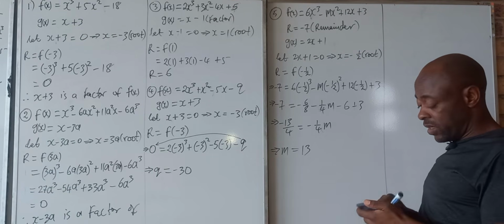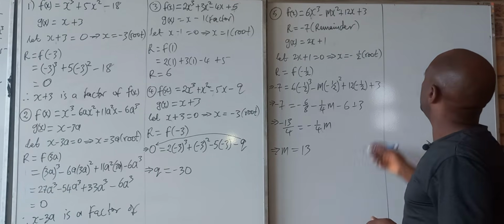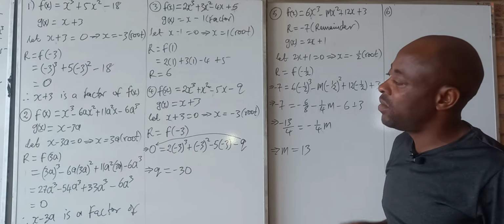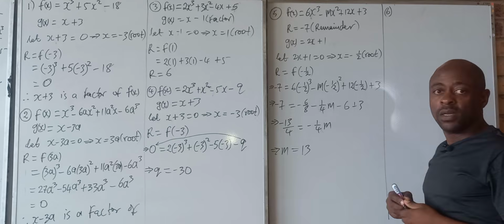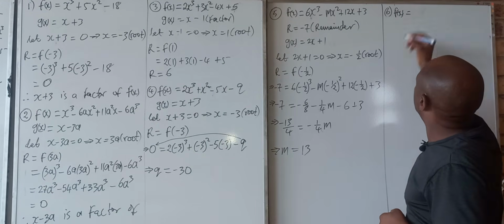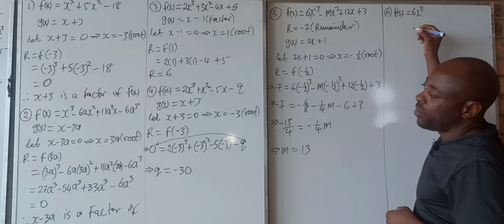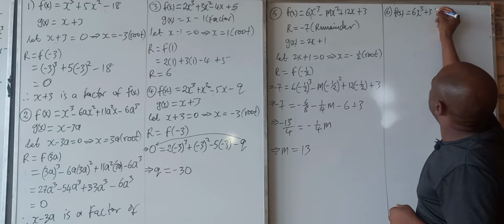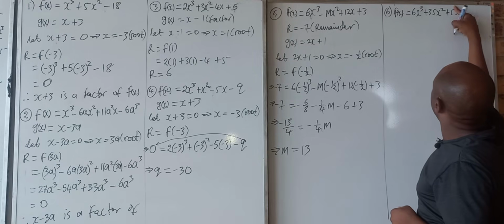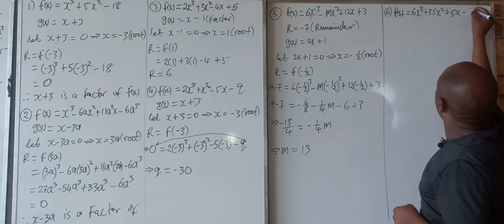So, ladies and gents, let's have the last one, which was saying what must be added to f of x. We're given f of x as 6x cubed plus 35x squared plus 5x minus 8.